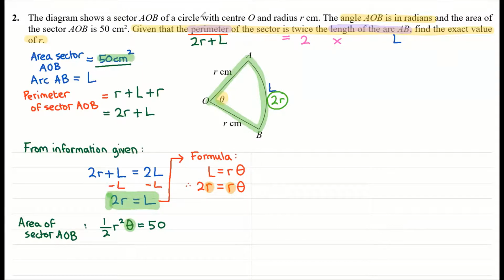That's really good news. So we now know that theta is equal to 2. So we can now put this into this equation, and then we're nearly there. So we now know that, therefore, 1/2 R squared multiplied by 2 is equal to 50.